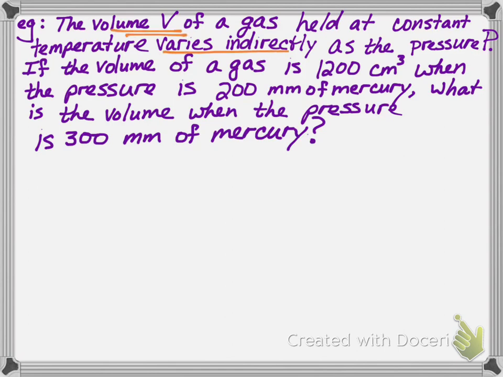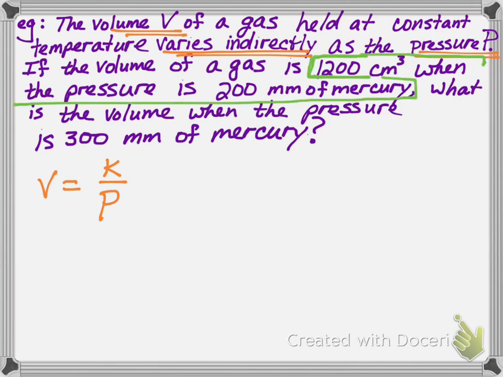So, first piece of information is that volume V varies indirectly as pressure P. So, inverse relationship. So we get V equals K over P, where K is a non-zero constant. We are given the information that the volume is 1,200 cubic centimeters when the pressure is 200 millimeters of mercury.